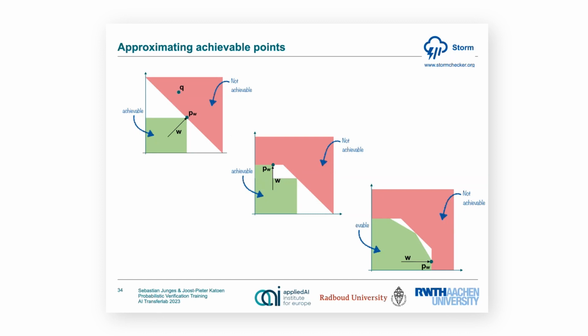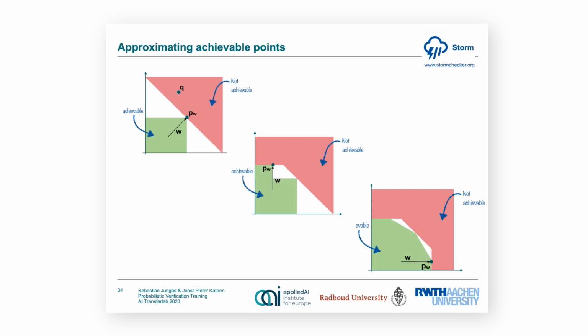And what do we know then? Well, all points that are above and to the right of PW dominate PW, so they are not achievable. That gives us immediately the red indicated triangle. And we know that all points in the convex hull of the downwards closure of PW are achievable, and that gives rise to this green rectangle.